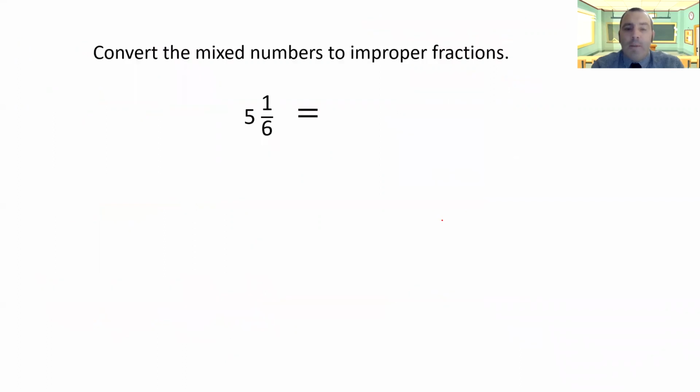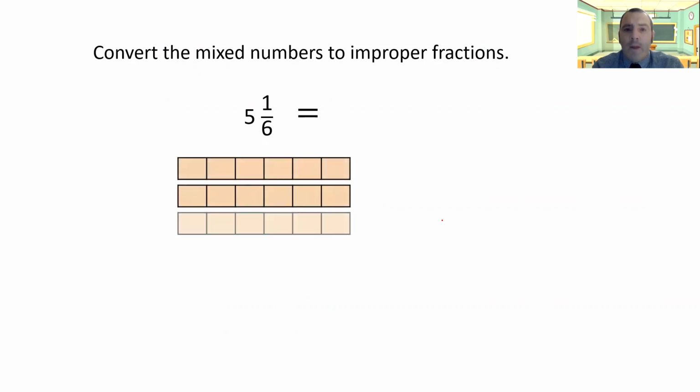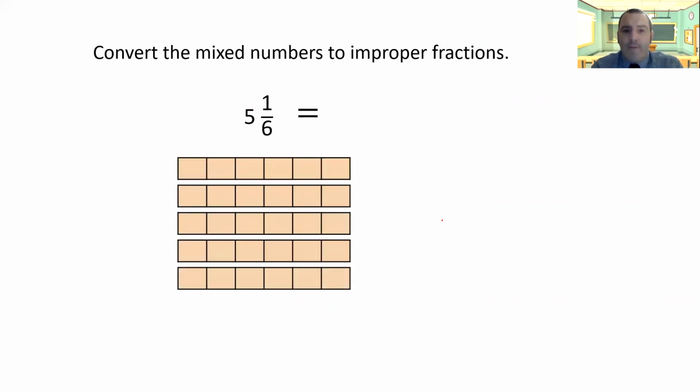So convert the mixed numbers to improper fractions. 5 1/6. So we'll draw it out. I've got 5 full bars there, and I've got my 6th at the bottom. So I've drawn out 5 bars, each divided into 6. So we'll label these 1, 2, 3, 4, 5, and 6.